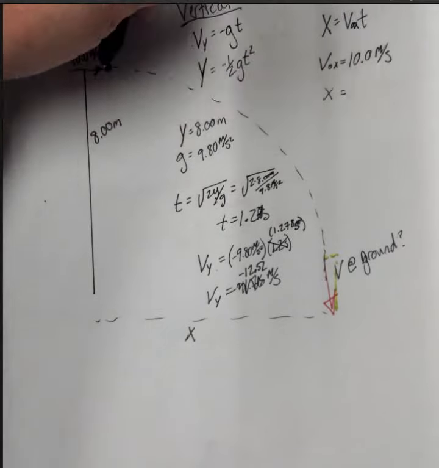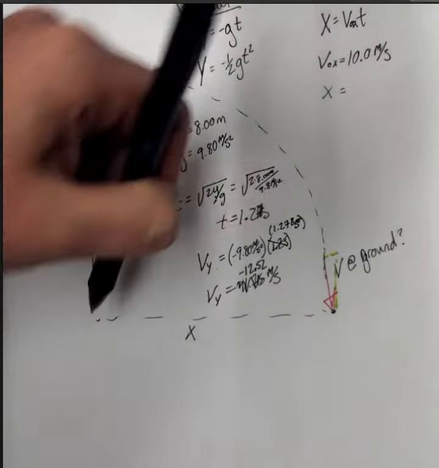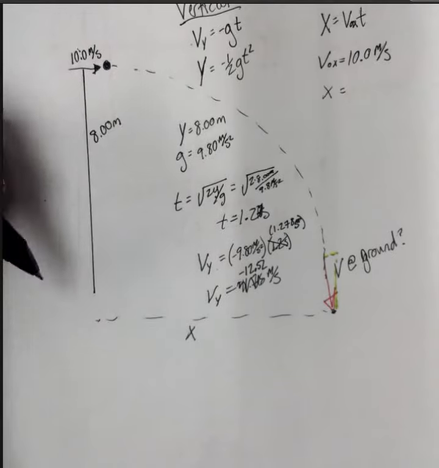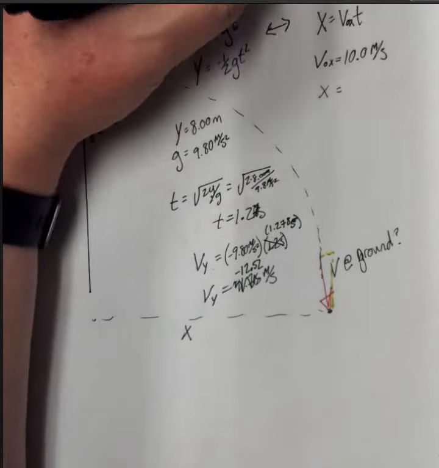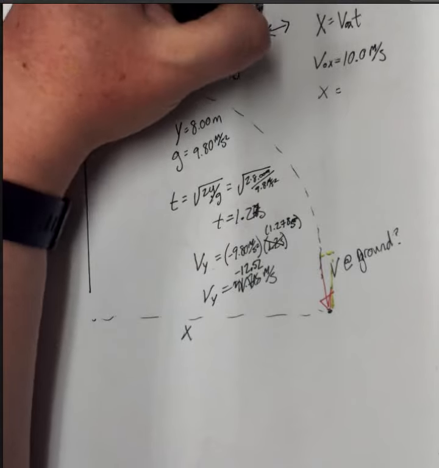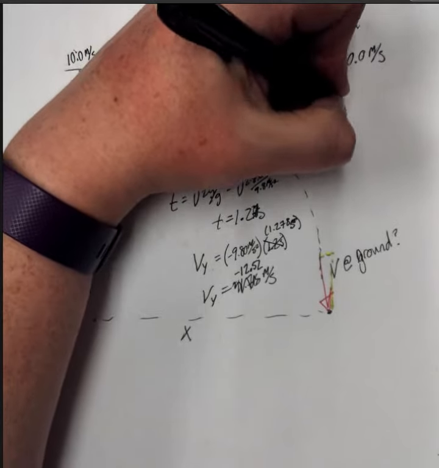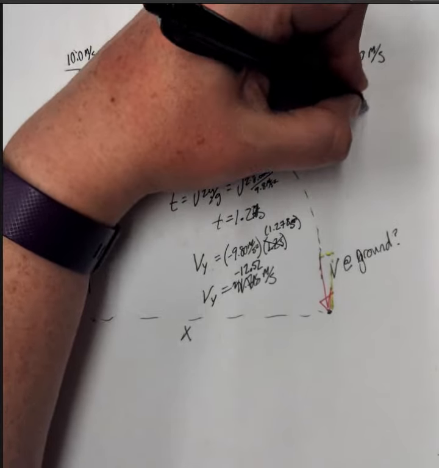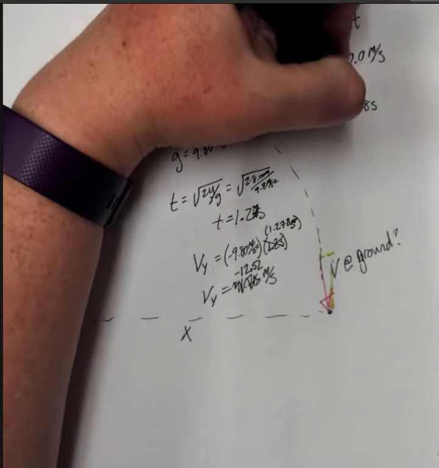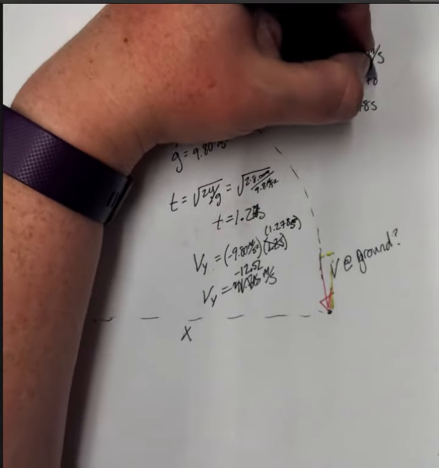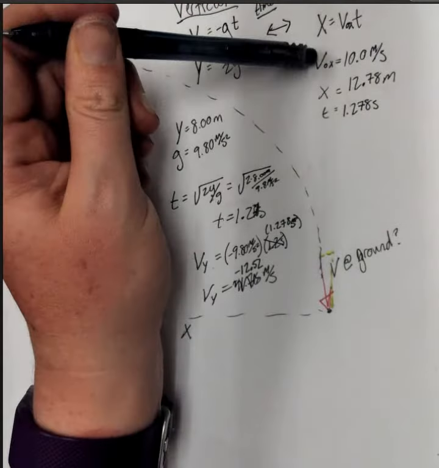The time that it takes to hit the ground is the time that it takes to cover this distance. So the relationship between the horizontal and the vertical axis is actually time. So the time is going to be 1.278 seconds. That makes the position 12.78 meters because the velocity was 10 meters per second.